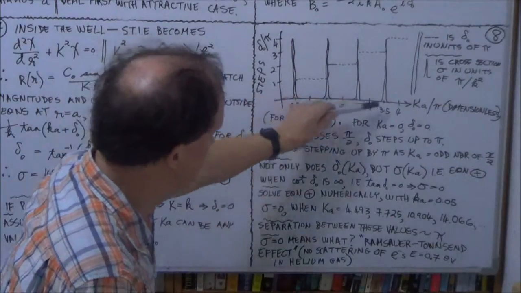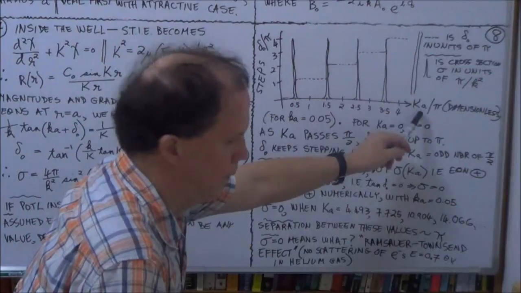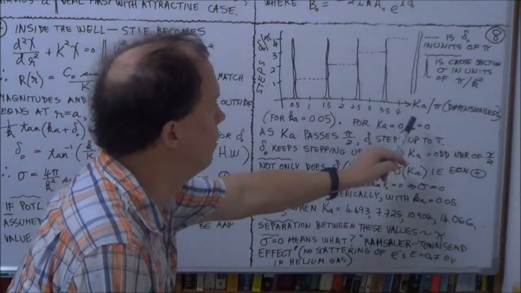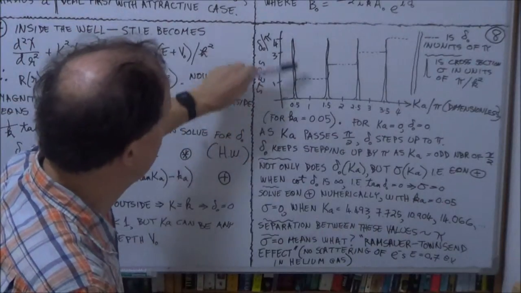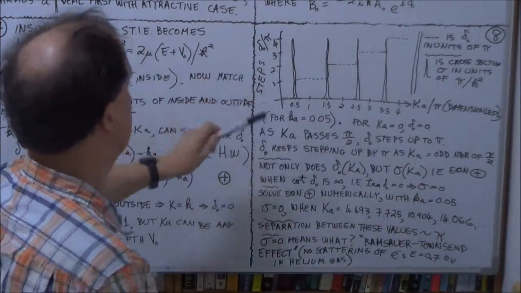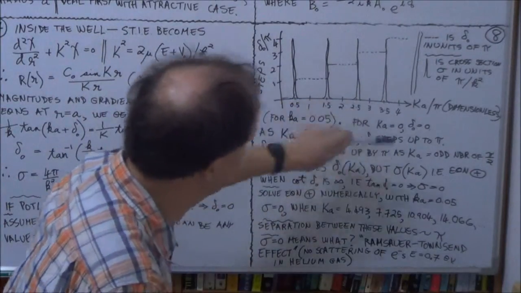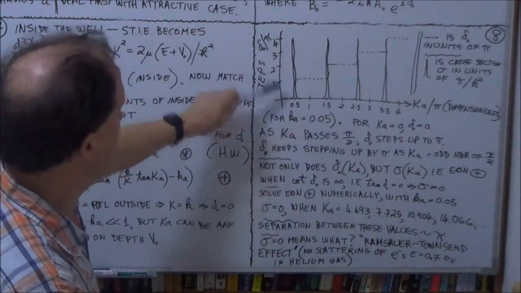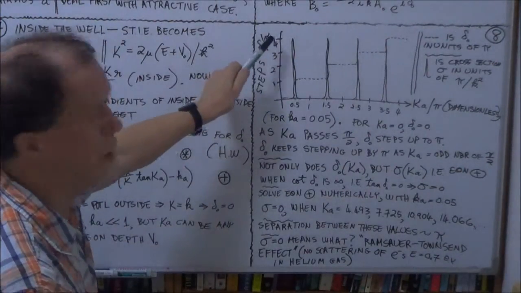So 1, 2. You're at these values, a half, 1.5, 2.5, 3.5. Then along this axis, you have values for your delta naught divided by pi also.